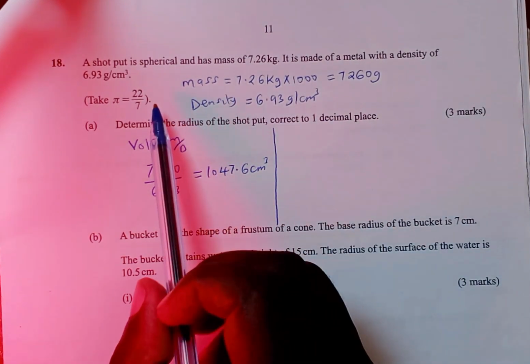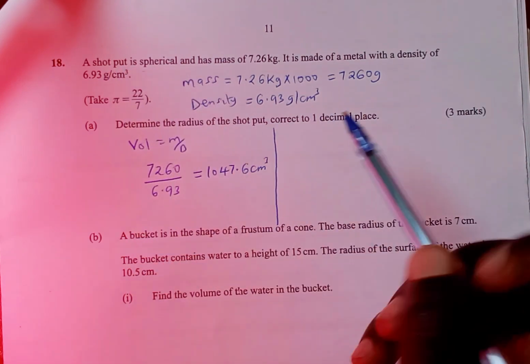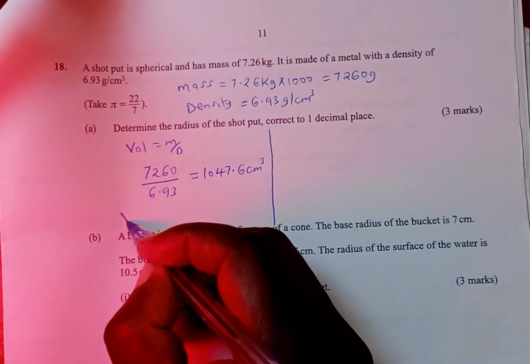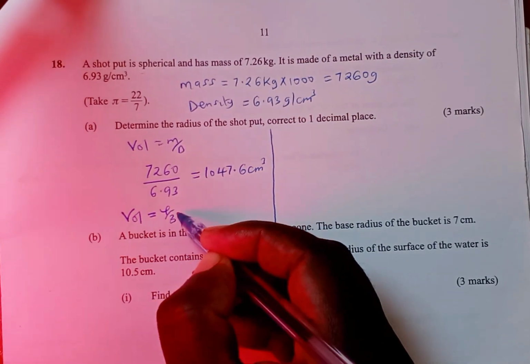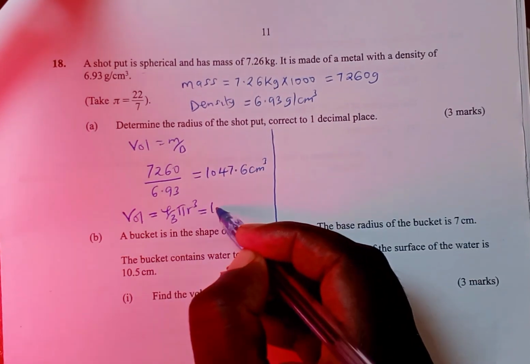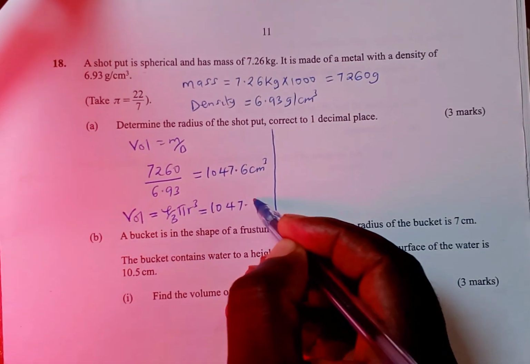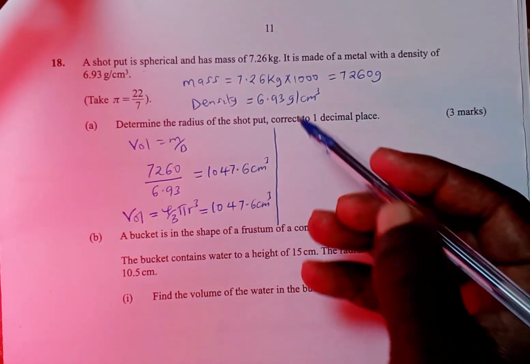Remember, we have been told that the shot put is spherical in shape, and therefore to get the volume of a sphere, we take 4 over 3 pi r cubed, and this is the same volume as 1047.6 centimeters cubed. We replace that.